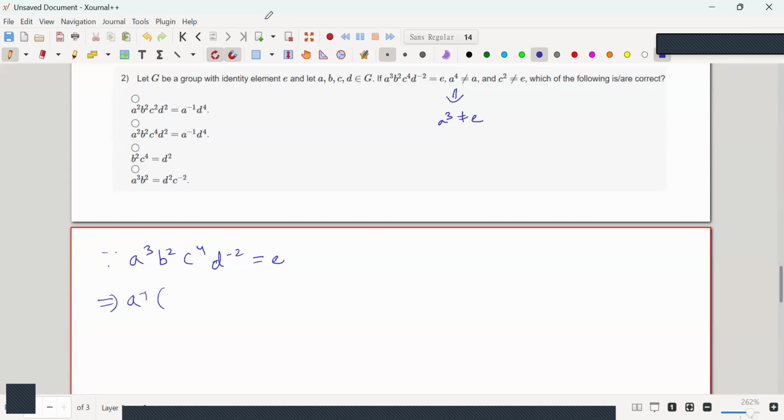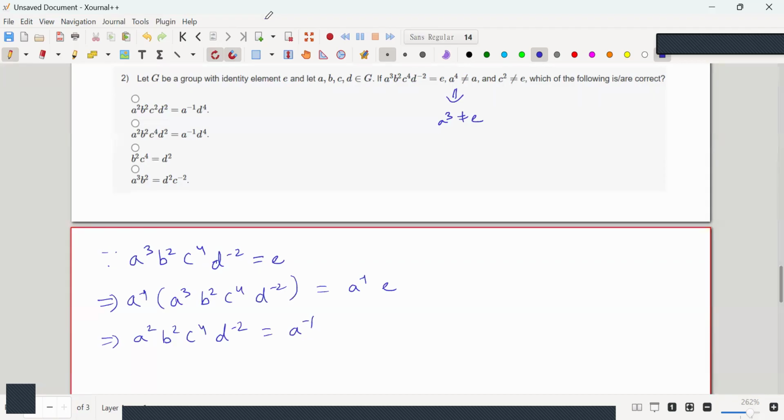So A inverse A cube B square C4 D minus 2 is A inverse E, which implies A inverse will reduce this power 3 by 1. So this will be A square B square C4 D minus 2 is A minus 1.